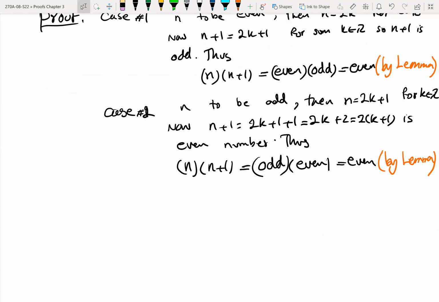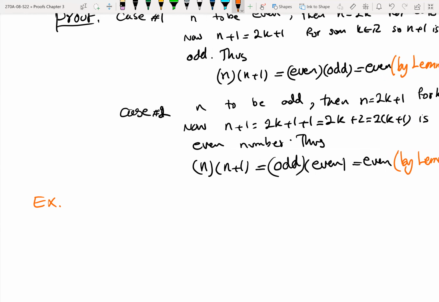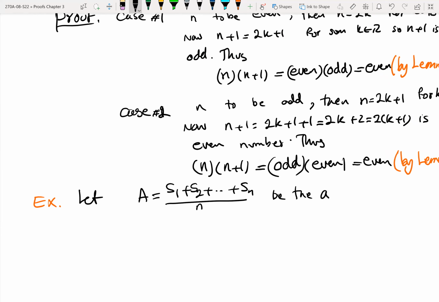So let's say here I have A equals S sub 1 plus S sub 2 plus all the way to S sub n, divided by n, which is the average of S sub 1, S sub 2 to S sub n.